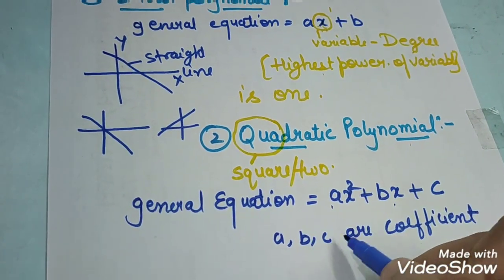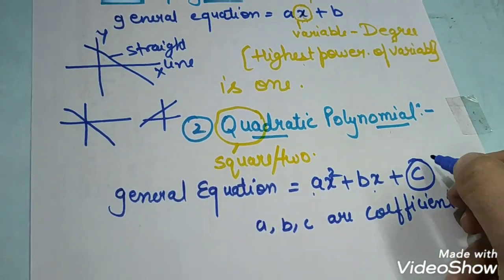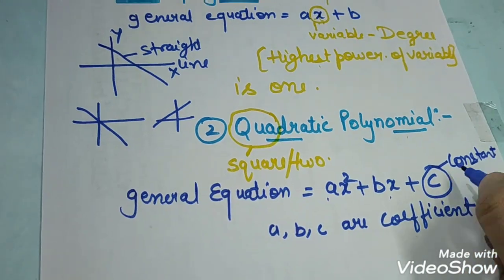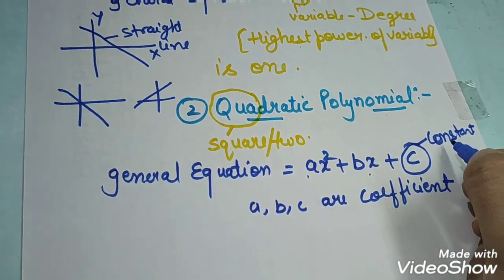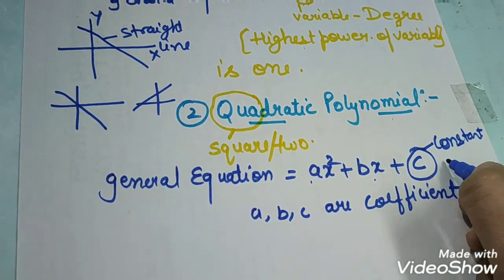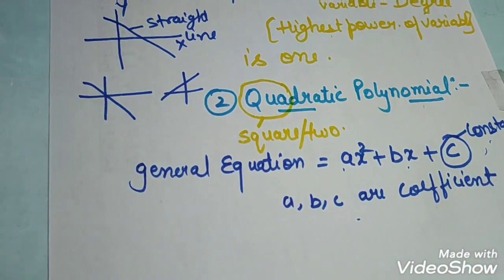This a and b are the coefficients, and this last c, without the variable, we call a constant. When it is without any variable we say constant. But if we write the coefficient of x to the power 0, then it will be this c.